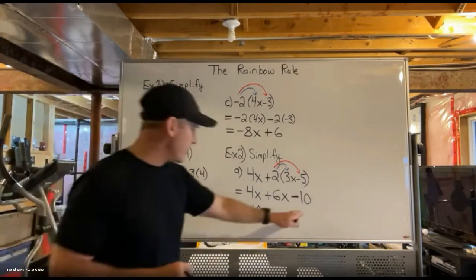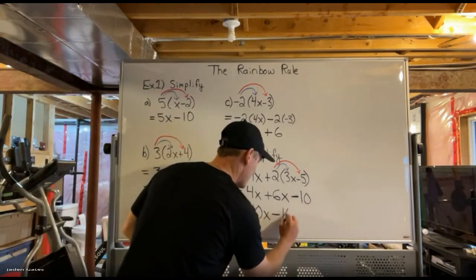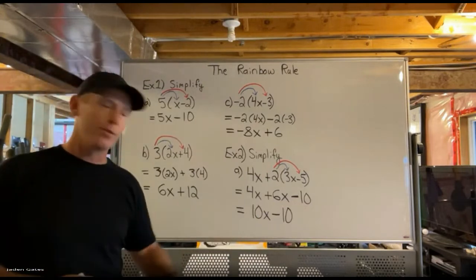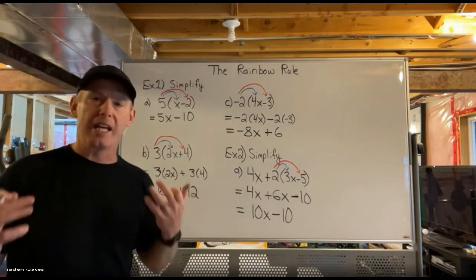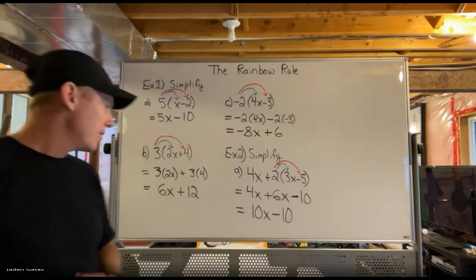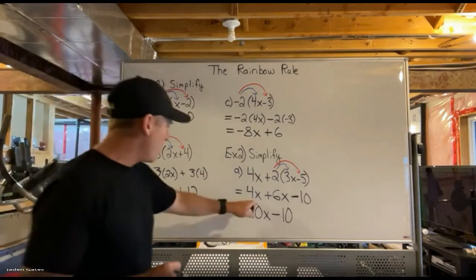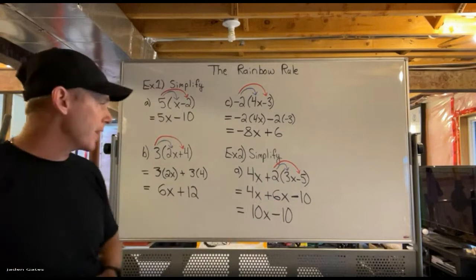All right, and I also can't forget my number, which is the -10. And once again, we can't go any further because we have x's and numbers. They don't mix. They're not like terms, so we can't put them together. So that is now simplified and done. All right, so we had the one extra step there where we did have x's, which are like terms, and then we put them together.